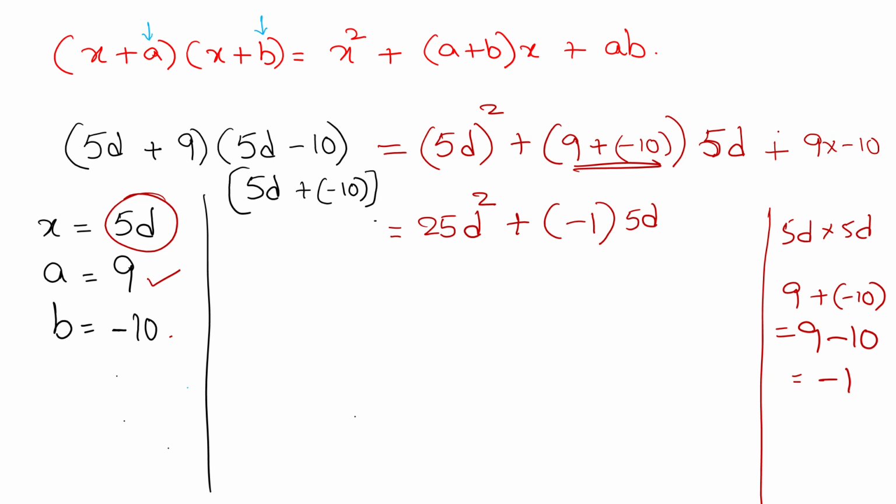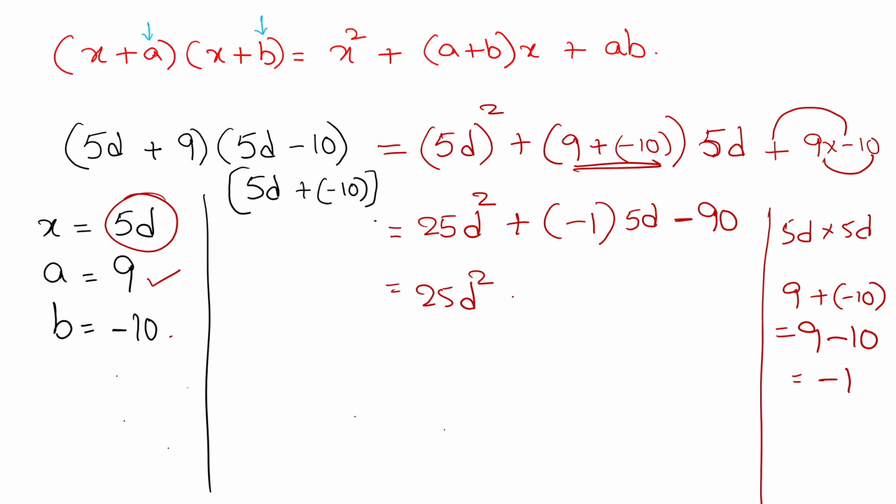Minus 1 times 5d. And here plus of minus 9 tens are 90. So that equals 25d square minus 5 times d minus 90.